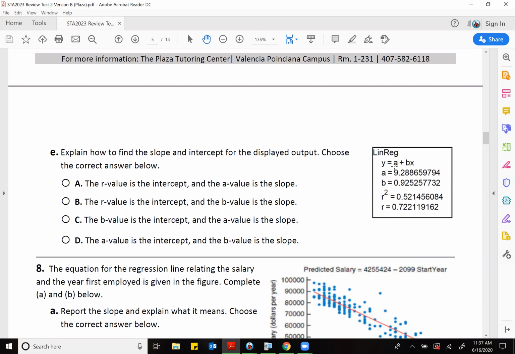So it's just written backwards. That's all it is. So D is correct. The A value is the intercept, and the B value is the slope. Perfecto.